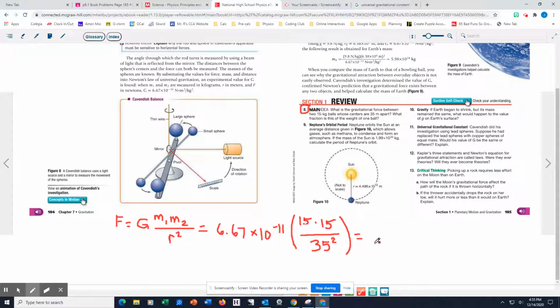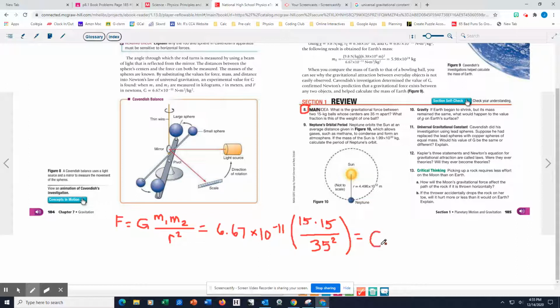We'll just start with that fraction. And that fraction is going to be 15 times 15 on the top divided by 35 squared on the bottom. So that's going to be, I'm just going to put G in here.